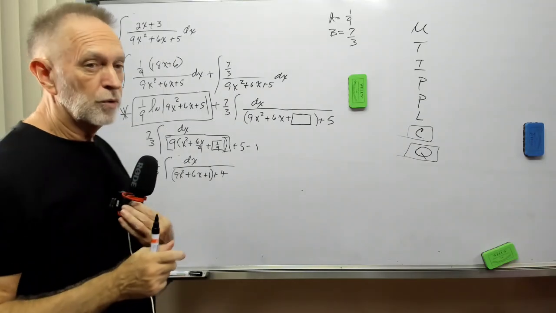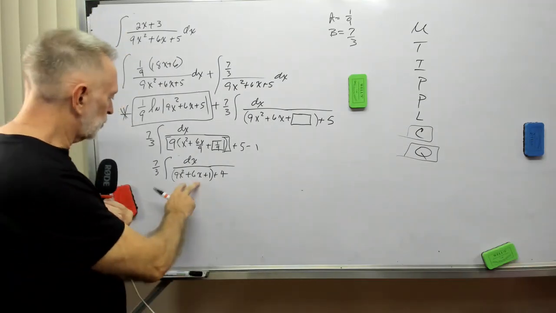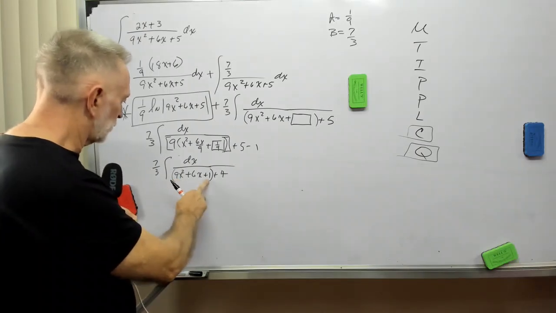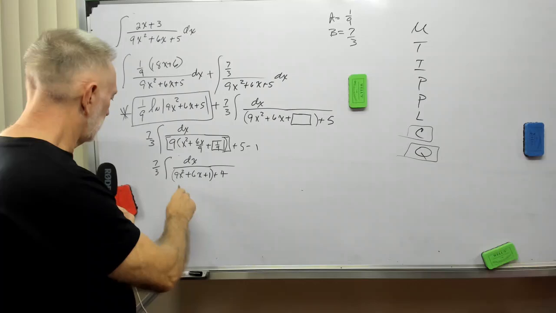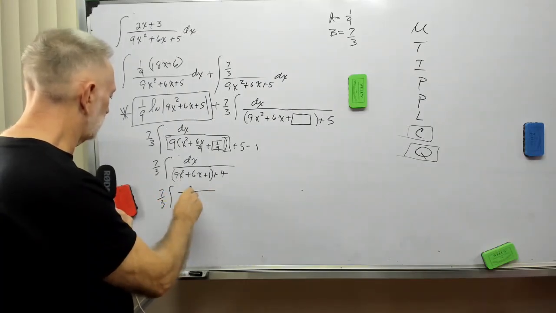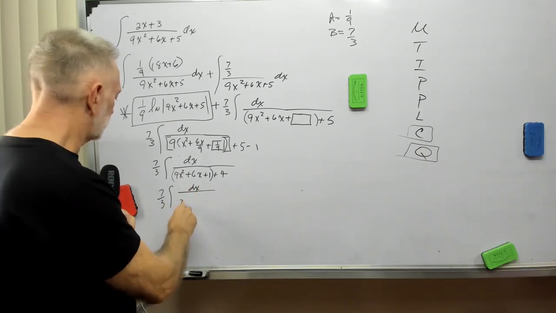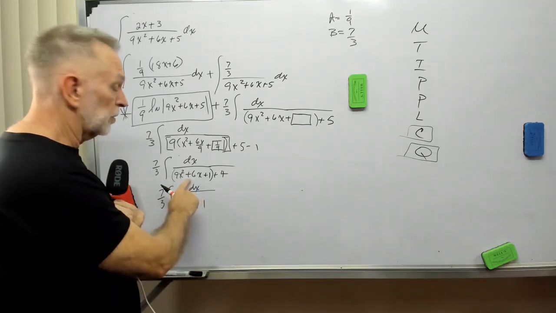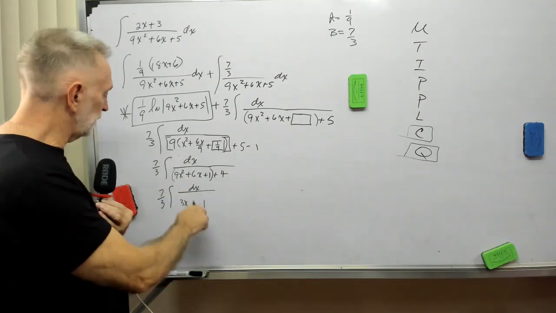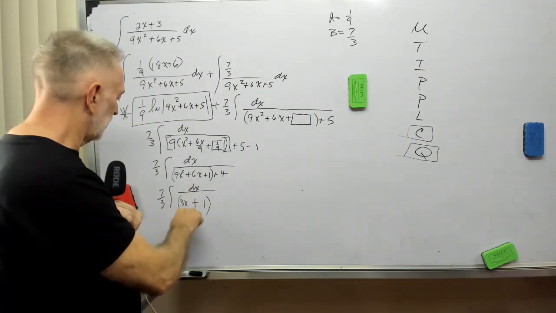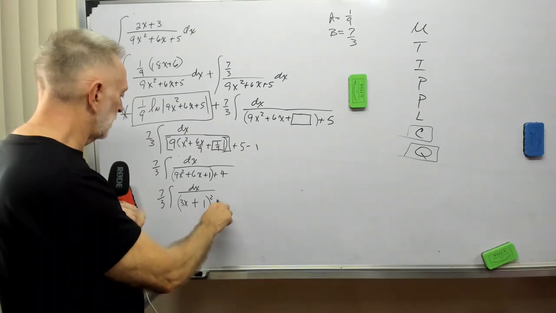Now when you're trying to make the squared terms, you take the square root of the first term and the square root of the last term. So the square root of 9x squared would be 3x. Square root of 1 is 1, and look at that term here. If that's a positive, I can say that's plus. If it's a negative, it has to be a negative. So 3x plus 1 squared plus 2 squared.